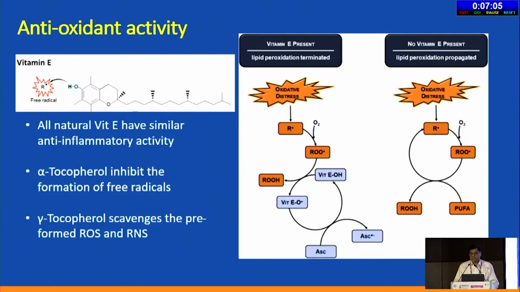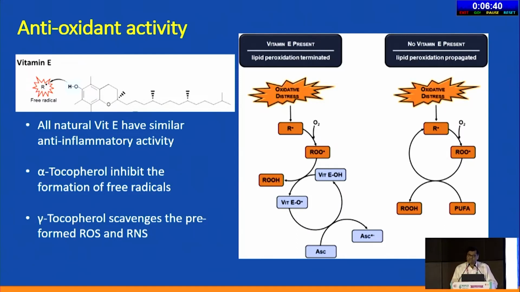I will go into a little more detail on the antioxidant property of vitamin E. The phenol ring of vitamin E compounds has an alcohol group, and that is the main moiety which acts as the antioxidant agent. All 8 types of vitamin E have similar antioxidant property.